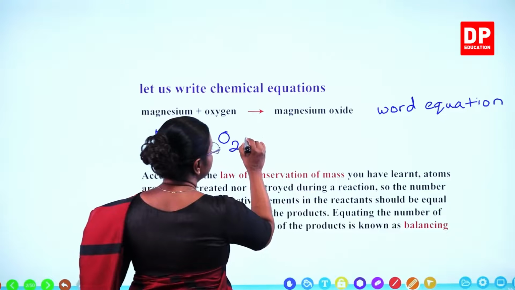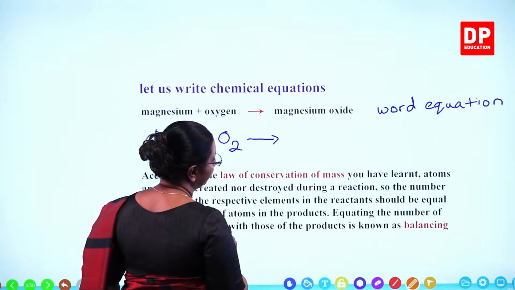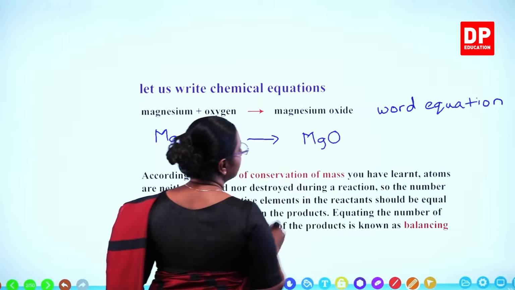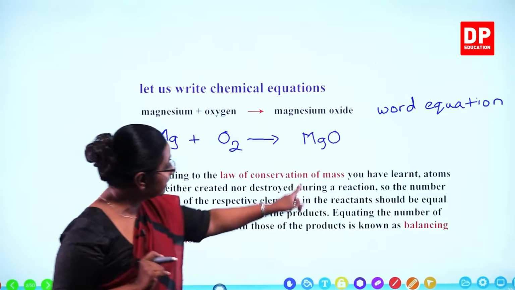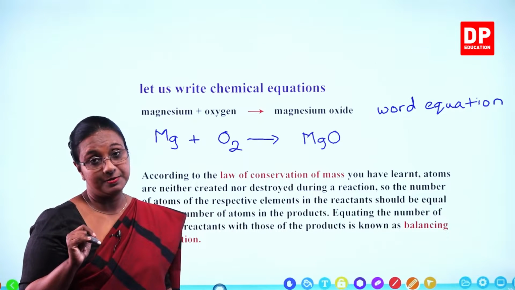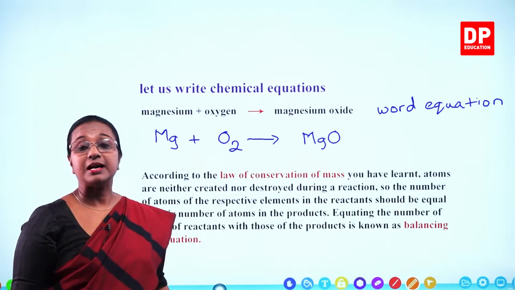Then we need to use the arrow to show the reaction, and here this is going to be magnesium oxide, MgO. So to write this chemical formula, you should know the valencies of elements. So Mg plus O2, you get magnesium oxide.